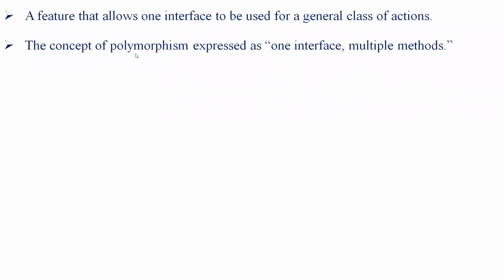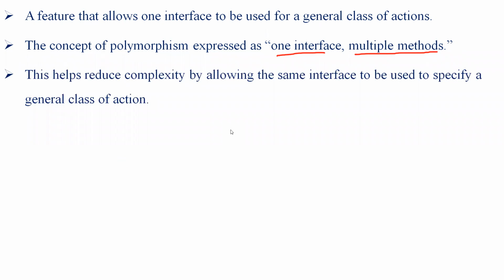The concept of polymorphism is expressed as one interface, multiple methods. One interface will be designed by using multiple methods. In order to implement one interface, we use multiple implementation techniques, or multiple methods, in order to develop a single interface.